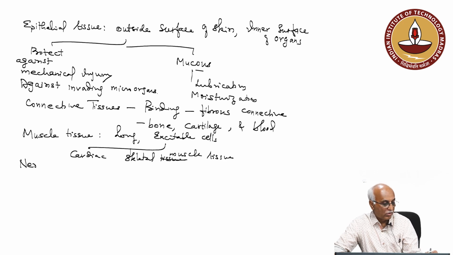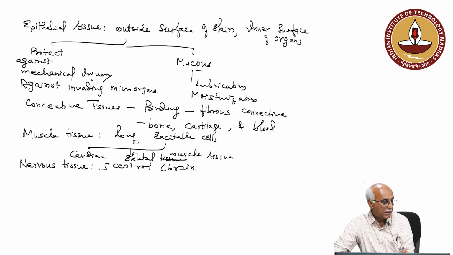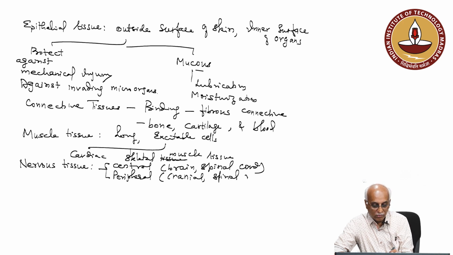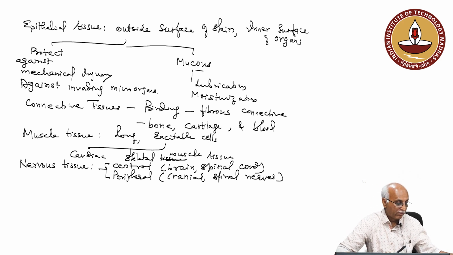And nervous tissue, they are present in central nervous tissue, that is the brain and spinal cord, and peripheral nervous tissue, that is cranial and spinal nerves. They are useful in transmitting certain signals for various activities.